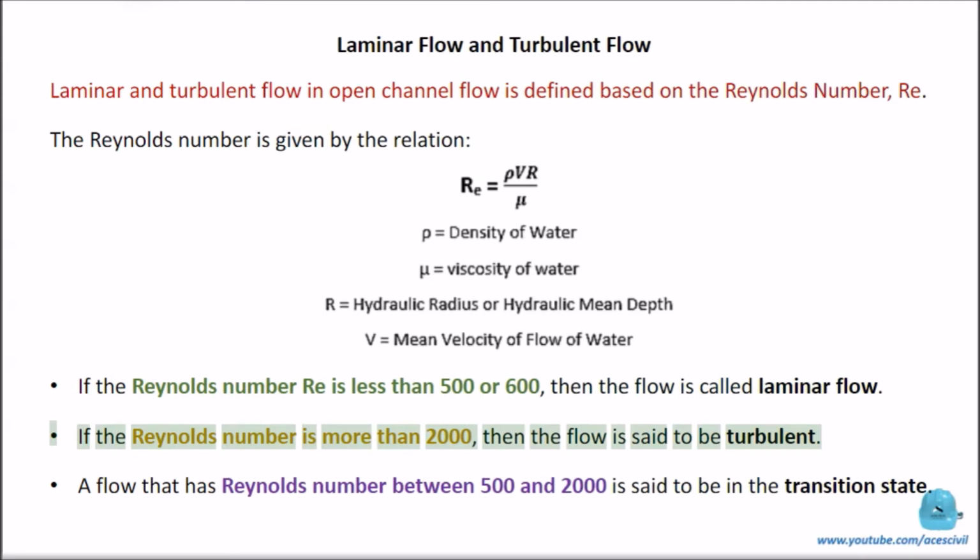If the Reynolds number is more than 2000, then the flow is said to be turbulent. A flow that has Reynolds number between 500 and 2000 is said to be in the transition state.